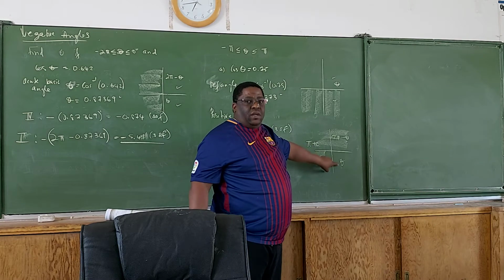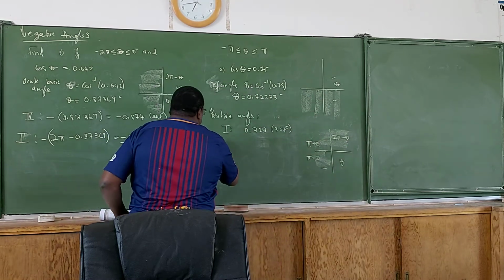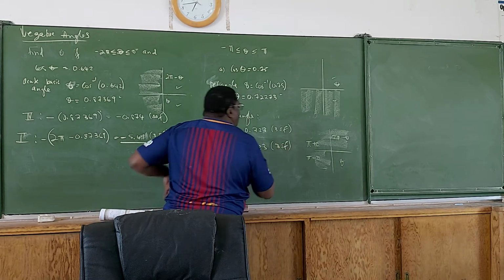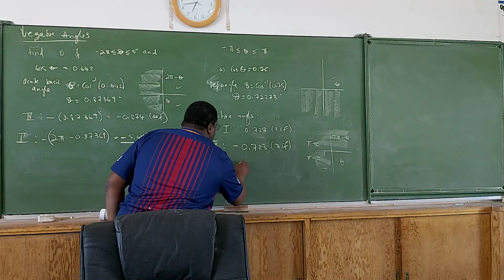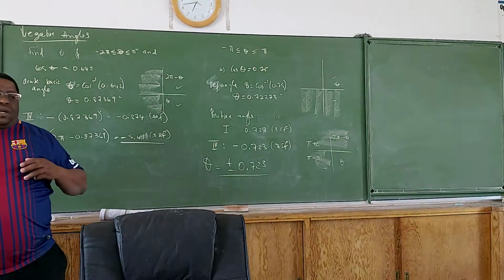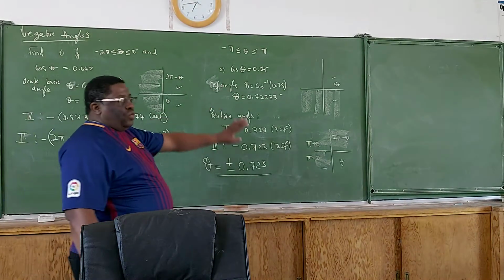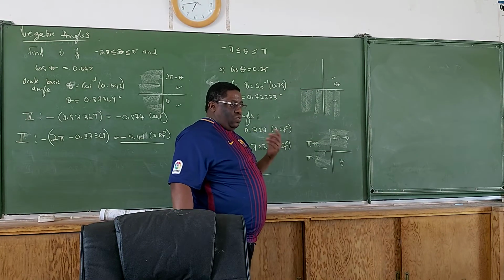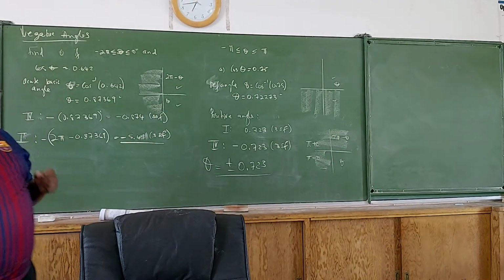So it's still going to be theta, but just with a negative. So one of our answers will therefore be in the fourth quadrant, it will be negative 0.723. So that is why it is written normally as theta equals positive or negative 0.723. So once you have the positive theta, then the answer becomes the same for the negative theta. Does that make sense to you? So you don't really have to do this. You just have to work with what you know and then attach a negative to that particular answer as well. And make sure that you understand what's within the domain.